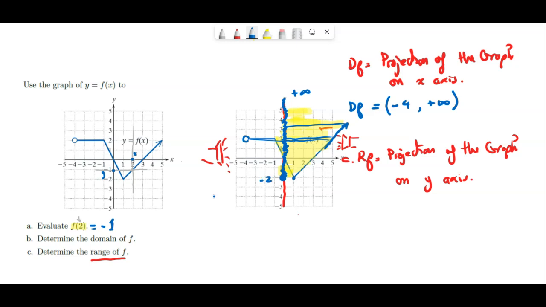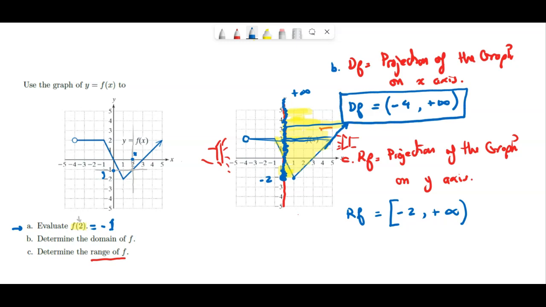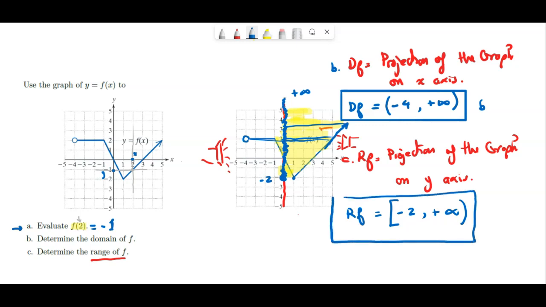So this is a -2, and the range of this function, you're going to start from -2 all the way to plus infinity. So for -2, because you are reaching the point, it is a shaded point, that's a bracket, and plus infinity is always open. So here we have a, f of 2 is going to be -1. We have the b, which is the domain, and the domain is going to be the open interval (-4, plus infinity), and this is b, and the range is going to be the interval closed at -2, plus infinity open.